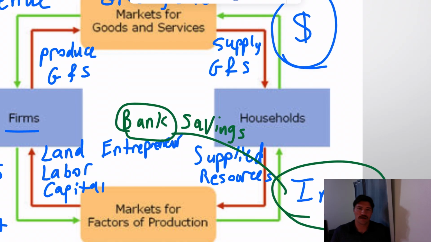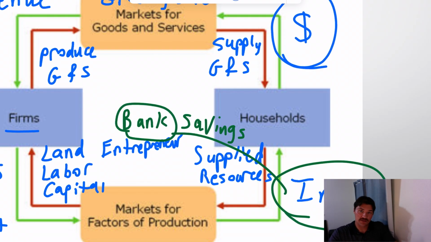Okay, so let's think about banks for a second. There are two real things that you're trying to do with a bank, right? You're either trying to deposit money, savings, or you're trying to withdraw money. So here we are depositing money into banks, and then we need to look at the withdrawal side. Now, from the other side of the bank, what they're trying to do is put more money out there.